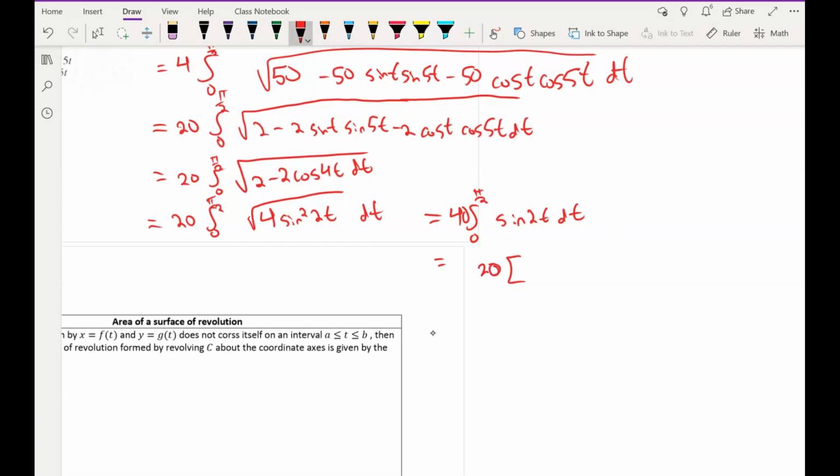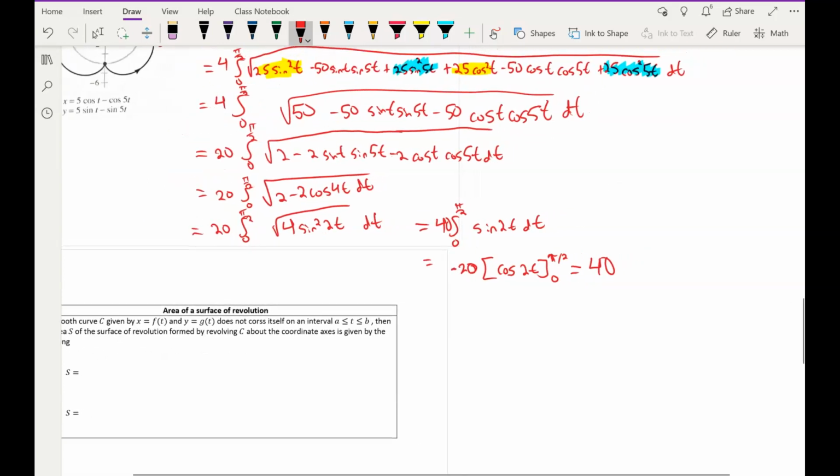We also know that the derivative of cosine is negative sine, so it must have been negative cosine, which means we have to multiply a negative 1/2 out front, which will give us negative 20. We're left with cosine of 2t, which we are integrating from 0 to pi over 2. Plug that in, you'll get 40.